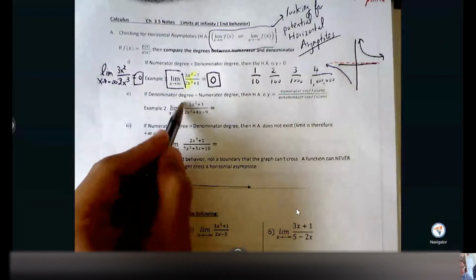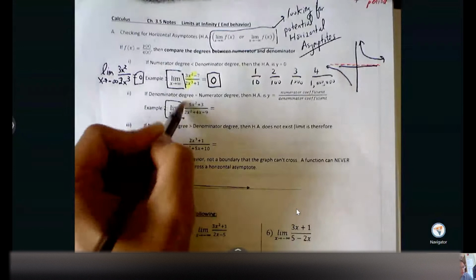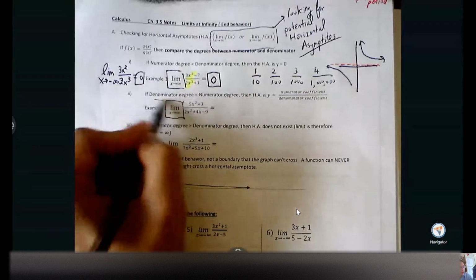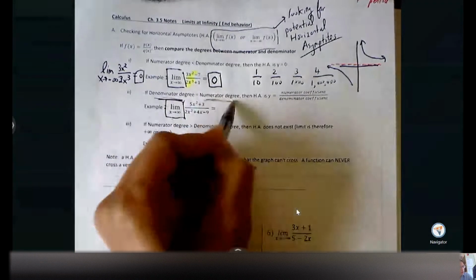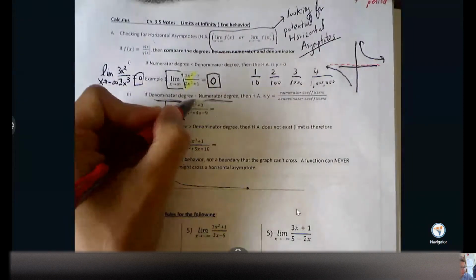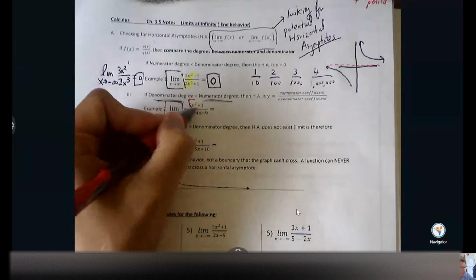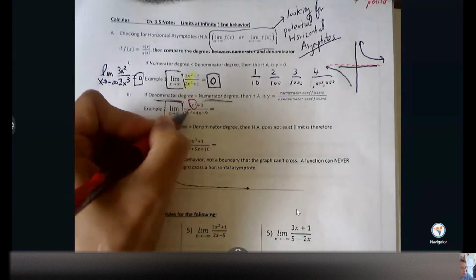If we're doing limit as x approaches infinity, like we are here, if the denominator and numerator degree are the same, then the horizontal asymptote is just the ratio of the numerator and denominator coefficients. So here, if we compare, numerator is x squared, denominator is also x squared.